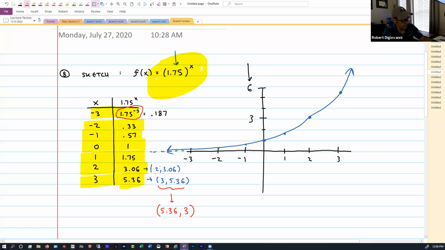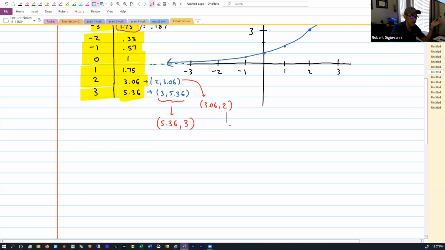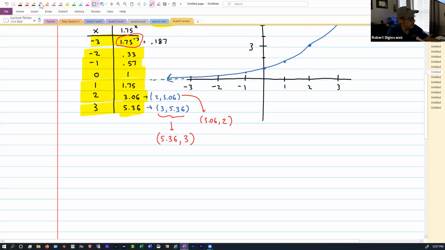And then we take this one. Now the x coordinate is 3.06 and the y coordinate is 2. And we do that for all of these. So once we do those, then we go graph them. I'm gonna do it on this same page, so it'll be easier to see. So I'm gonna draw my graph.